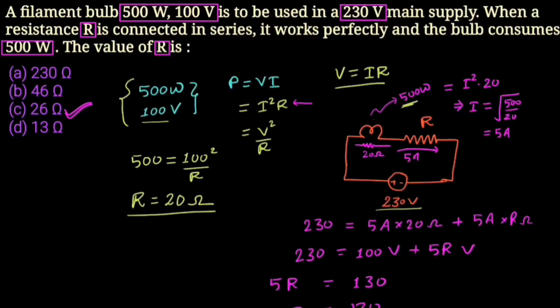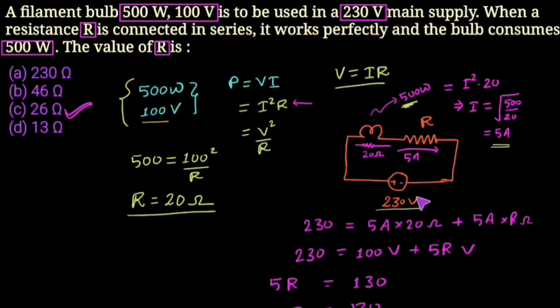From this known value of 500 watt, we can simply apply I square R and find out the value of current flowing in the circuit, because this filament bulb is connected with the resistance R in series. Whatever current is passing through this bulb will also be passing through this resistance R. So the current in this circuit is 5 ampere, and if the current is known to us, we can simply apply the Kirchhoff voltage law.